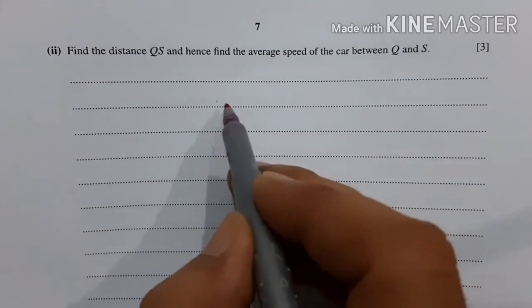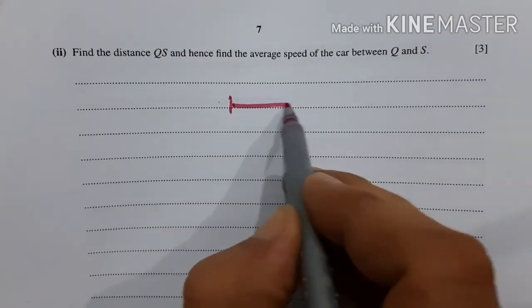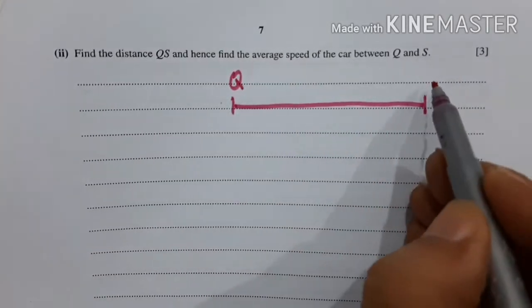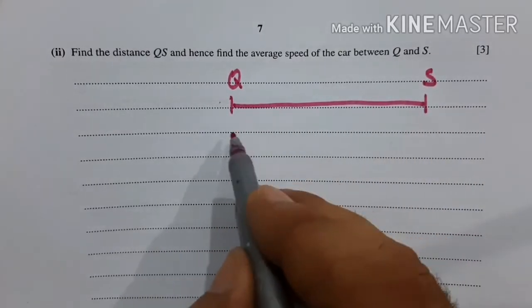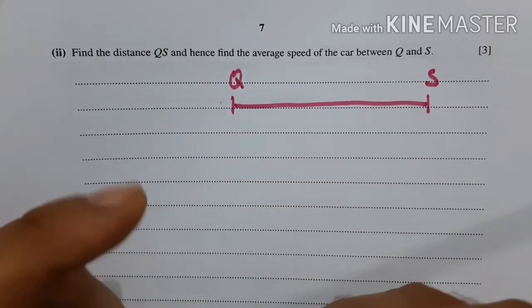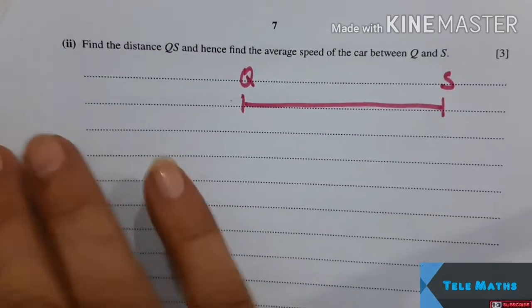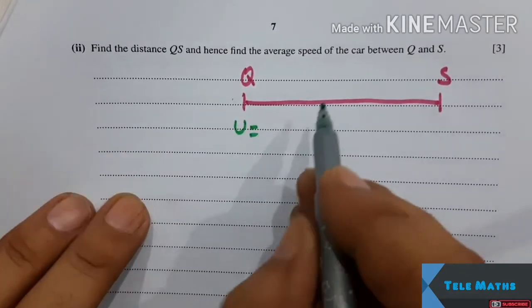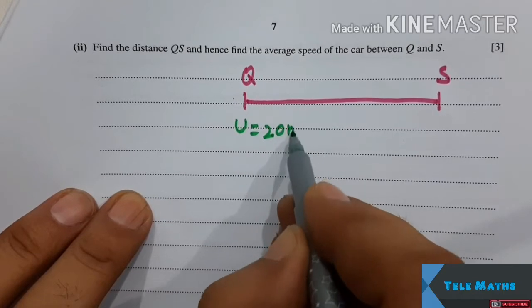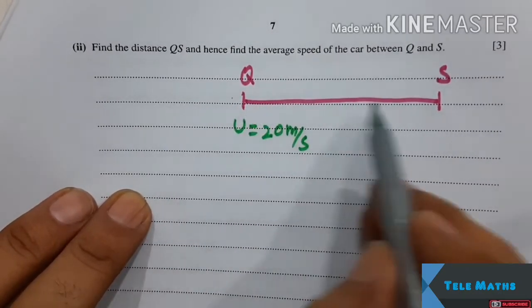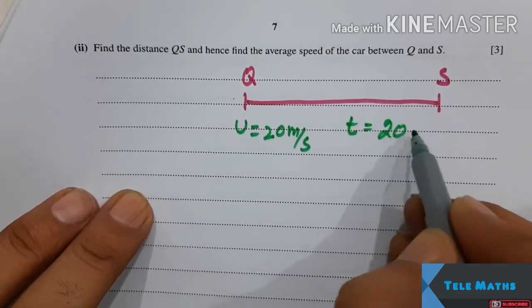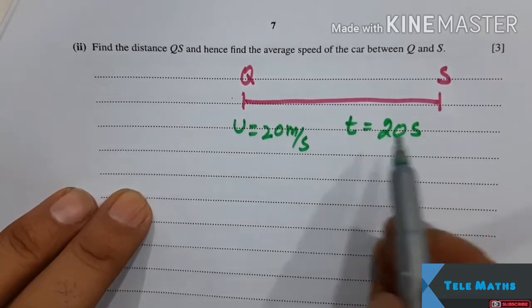So for QS, U is 20 meters per second. We also have time equal to 20 seconds, because there are two parts of the journey.